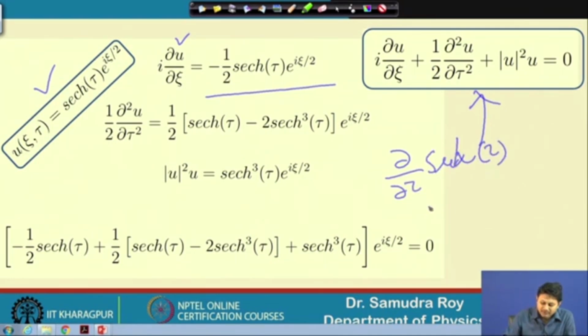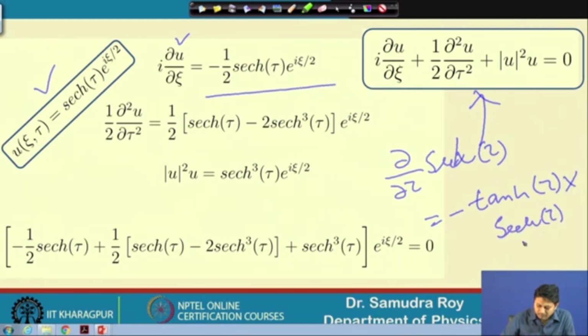We know that the derivative of sec hyperbolic tau is minus tan hyperbolic tau multiplied by sec hyperbolic tau. Again I need to make a derivative, and we know that the derivative of tan hyperbolic tau is sec hyperbolic tau square, and sec hyperbolic tau again minus tan hyperbolic sec hyperbolic.